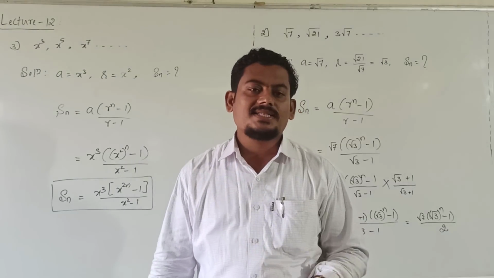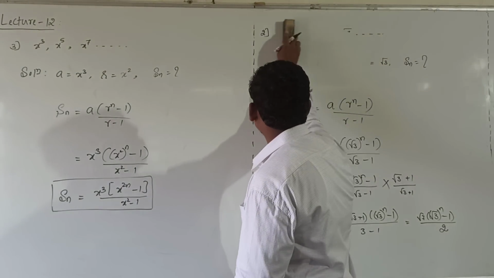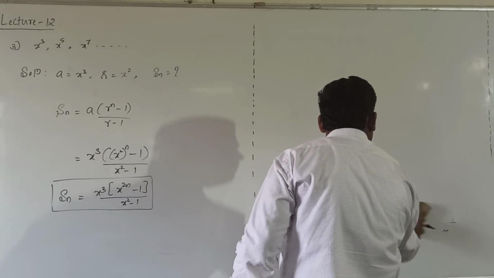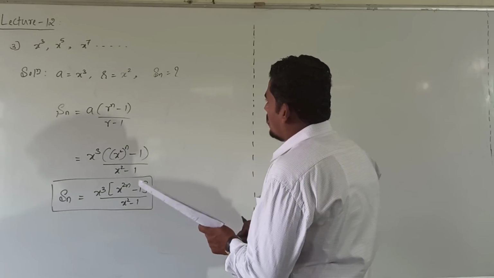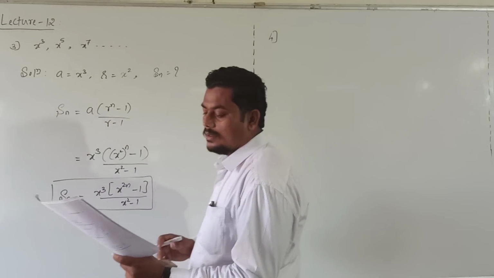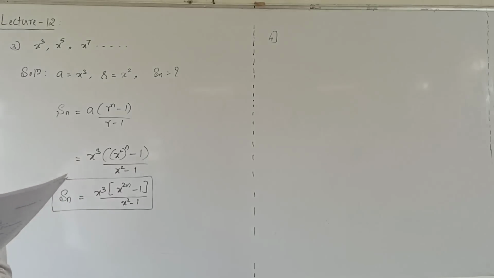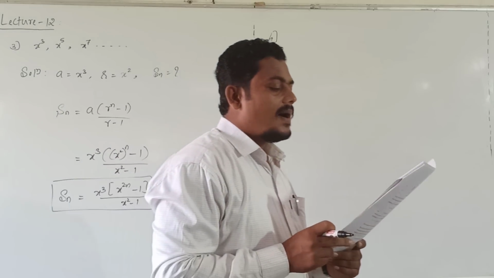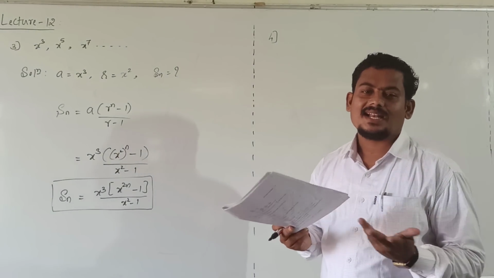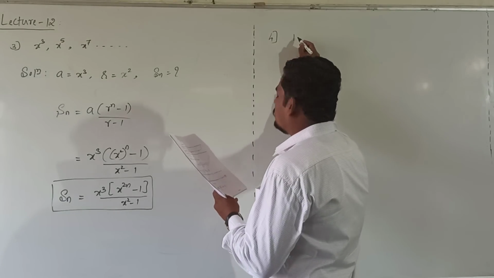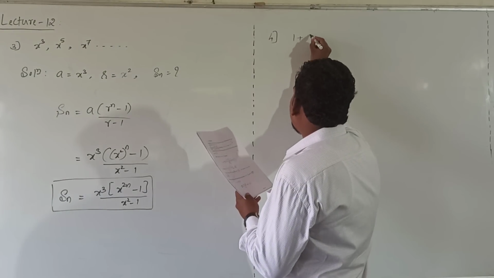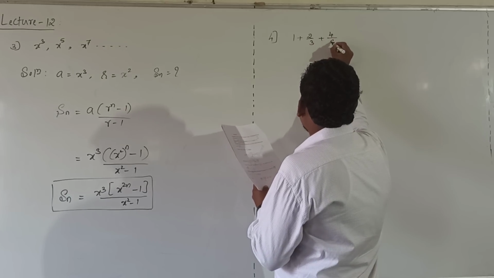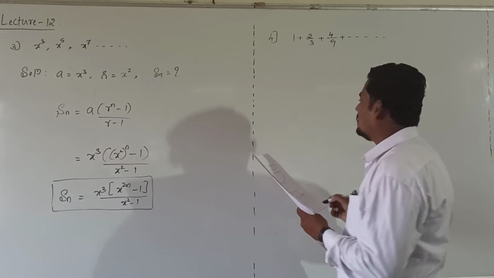Instead of a sequence, a series is given: 1 plus 2 divided by 3 plus 4 divided by 9 plus and so on.